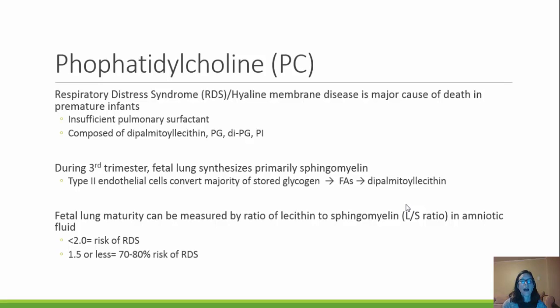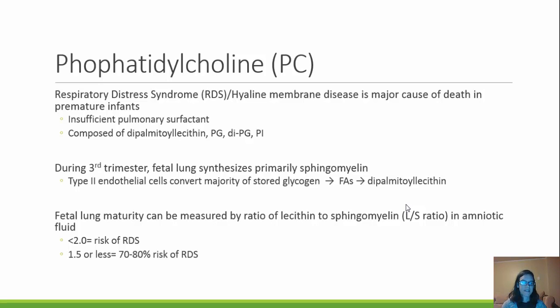Okay, so a lot of times when we have premature infants and occasionally full-term infants, the infants have not developed adequate levels of this phosphatidylcholine, which leads to respiratory distress syndrome, also called hyaline membrane disease, and it's a major cause of death in premature infants because they don't have adequate pulmonary surfactant to be able to breathe adequately.